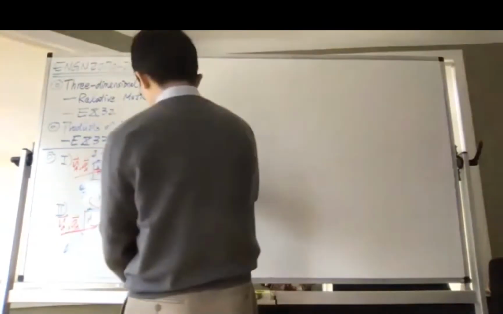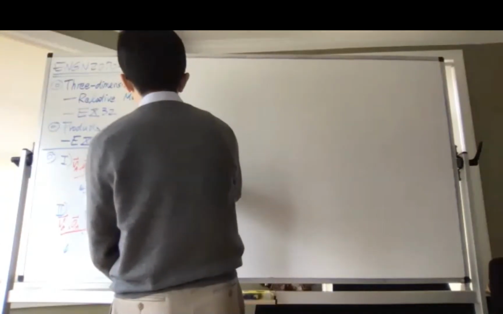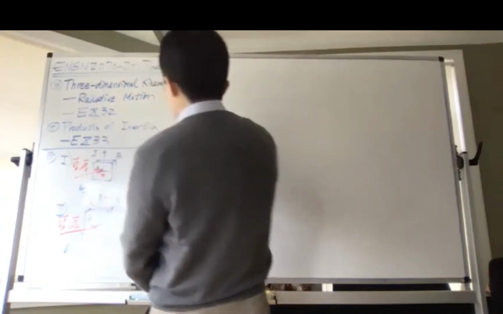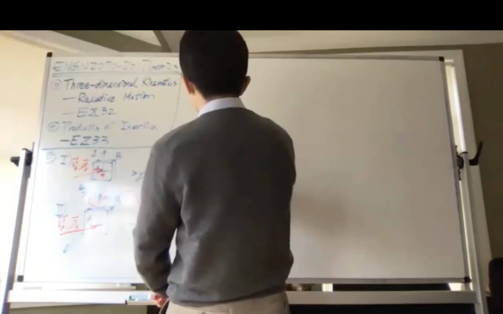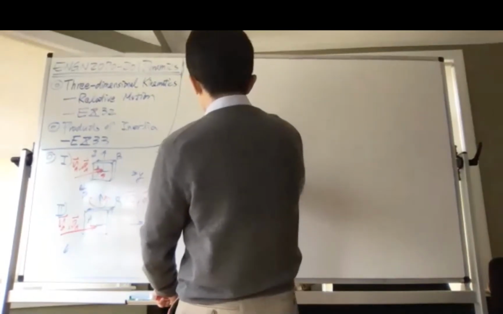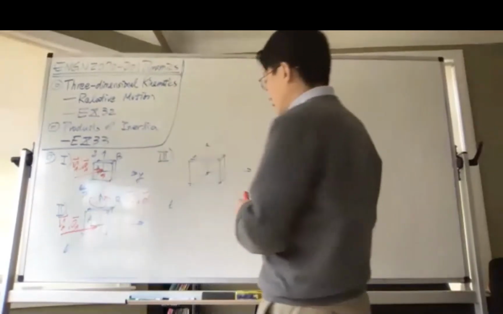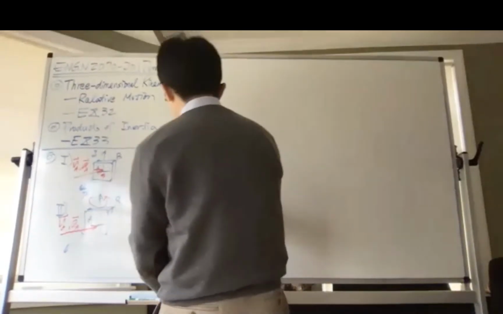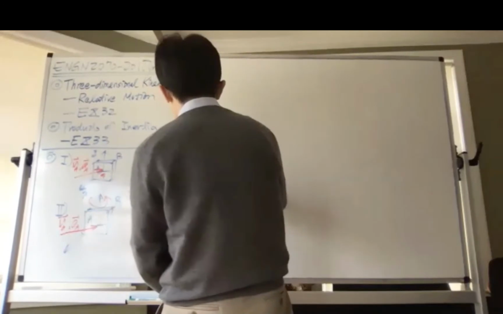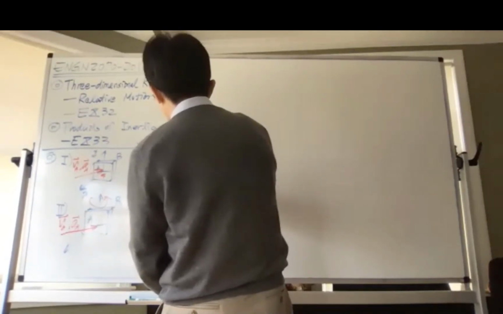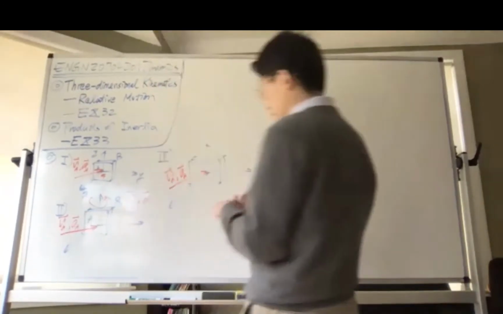And case 3 is what? Case 3 is we consider 2 different kinds of rotations. You have rotations, velocities at A, VA, AA.